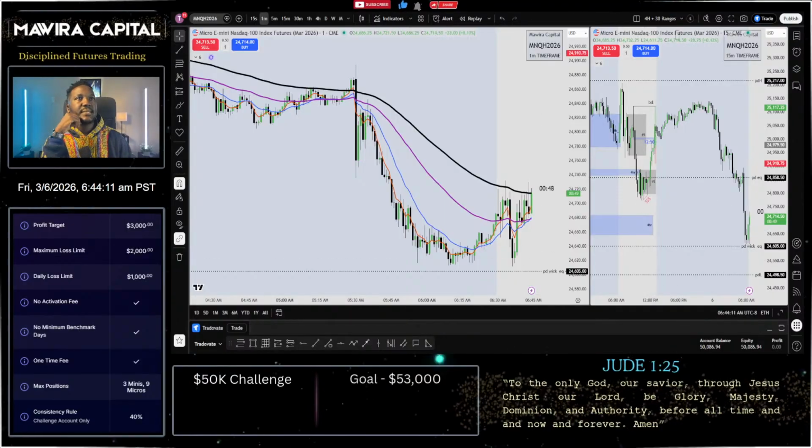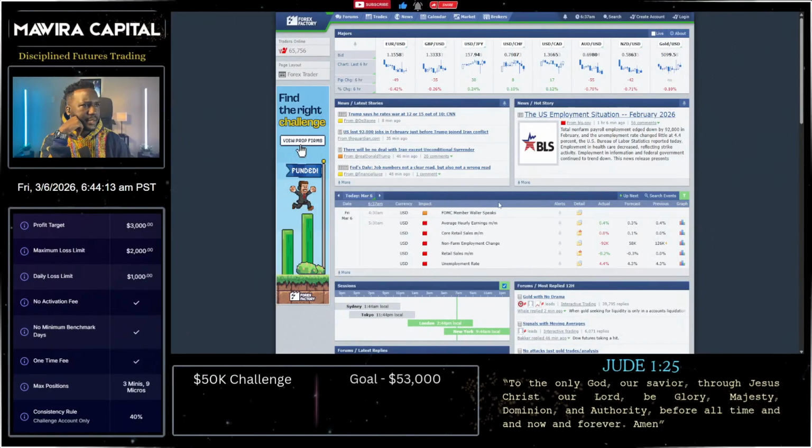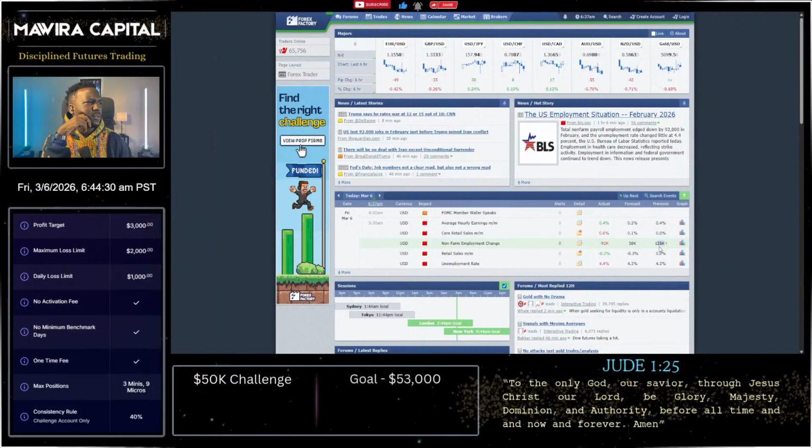Okay, so today we had some news, red folder news here. NFP: 126k was the previous number, and we got 58k.